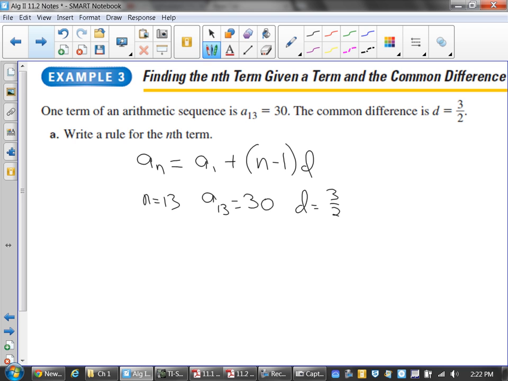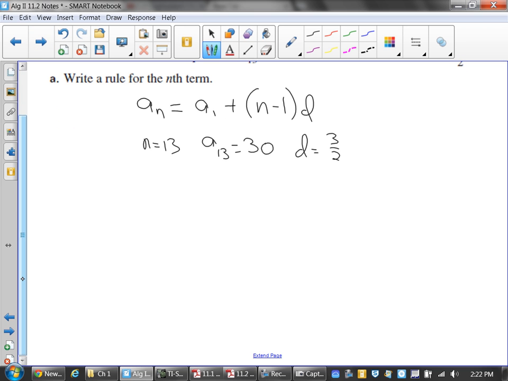So we substitute in what we know. I know that the 13th term, 30, is the first term plus 13 minus 1 times 3 over 2. What's 13 minus 1? What's half of 12? Multiply it by 3.